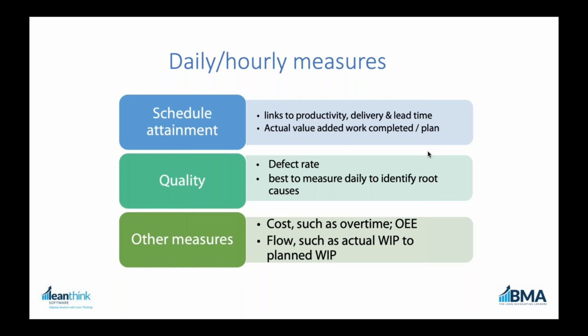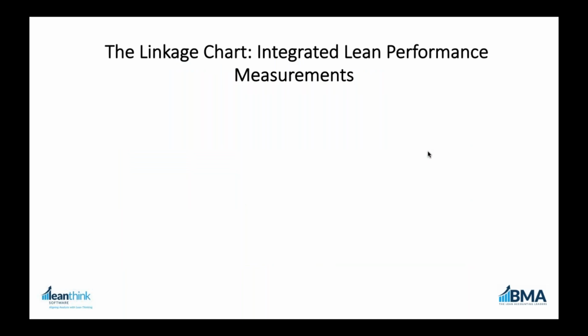How much do we actually have? That indicates that there's an imbalance in the flow. We can also include the people measures here, but pretty much if you can do quality and schedule attainment, that's really, really good. So that finishes up the review of the starter set.